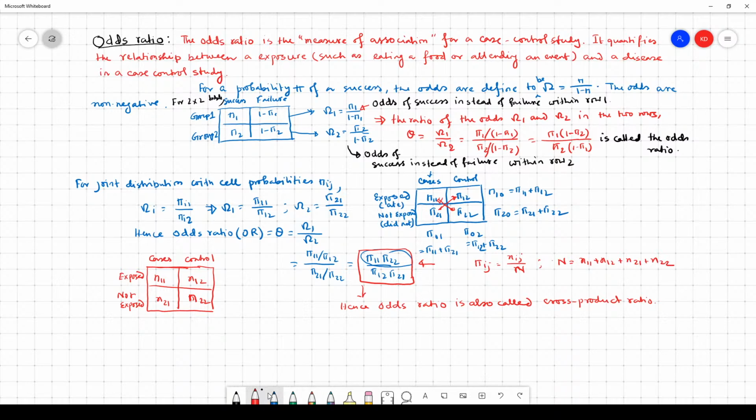So the odds ratio theta, in terms of nij, we can write as n11 n22 divided by n21 n12. In that way you can write this.